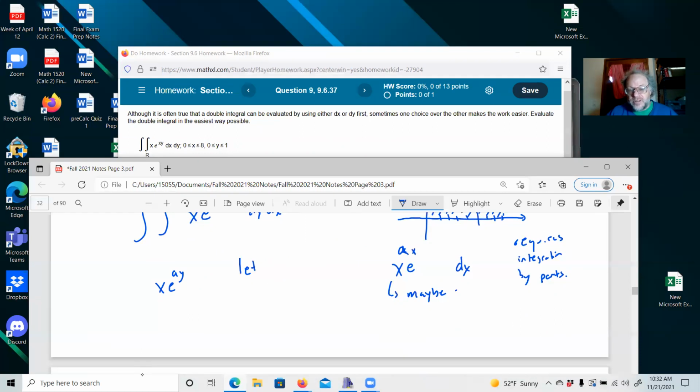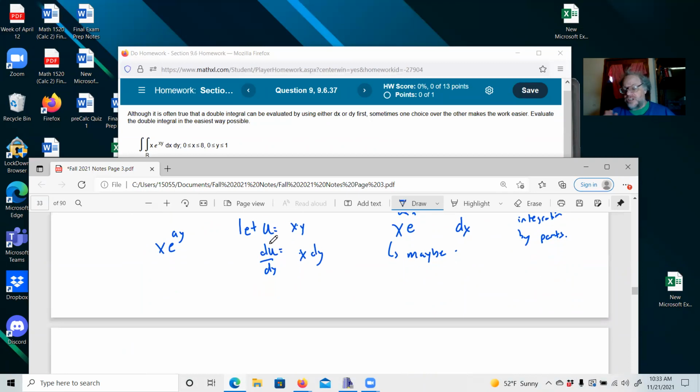So what we're going to do is set u equal to xy and du with respect to y. The x is still a constant. So we're just going to have x dy, right? So we're taking the derivative of both of those.